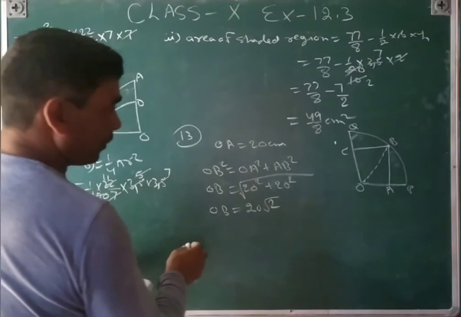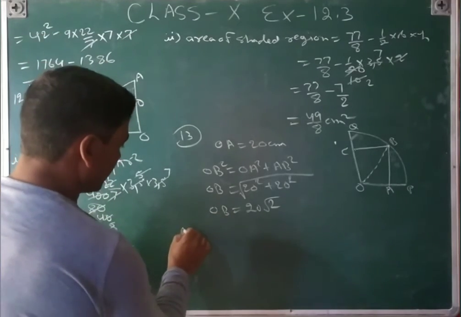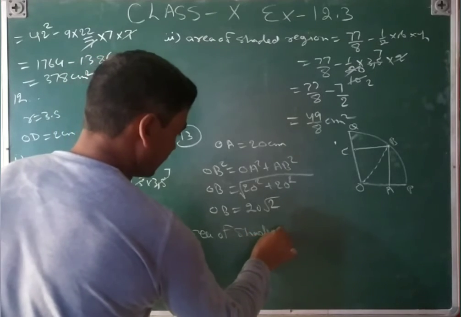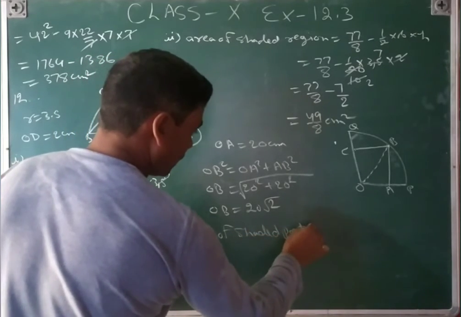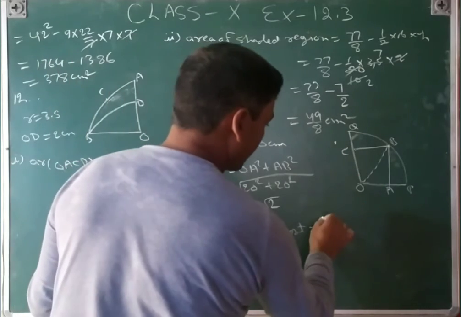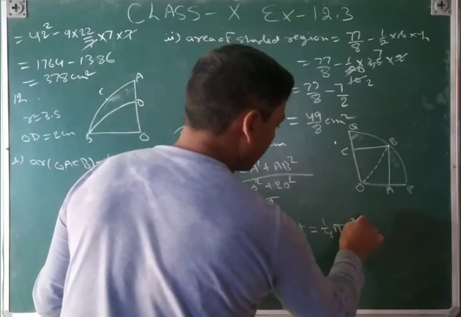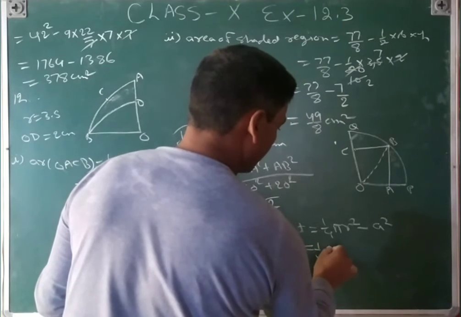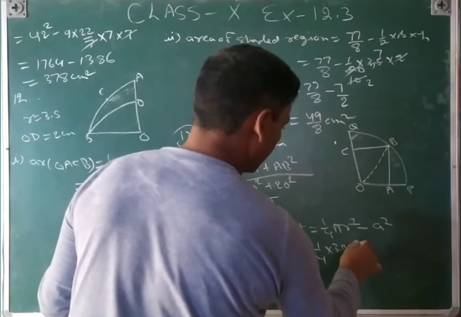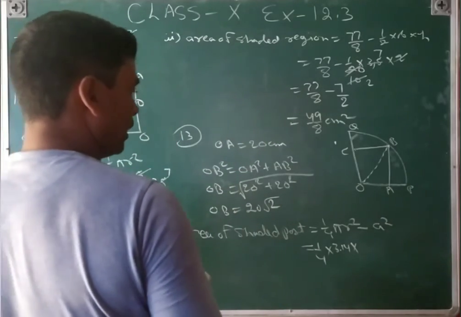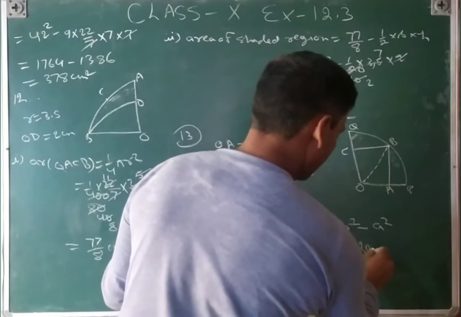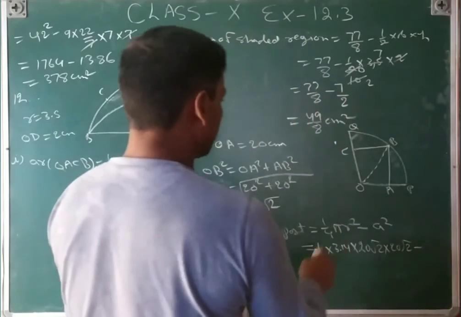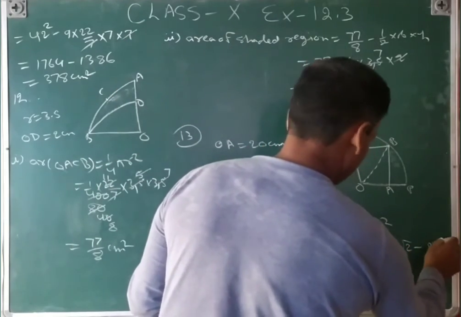Now the area of the shaded part is equal to the area of the quadrant, 1 upon 4 pi r square, minus the area of the square, that means a square. So 1 upon 4 into 3.14 into the radius 20 under root 2 into 20 under root 2, minus the side, which is given as 20, square.